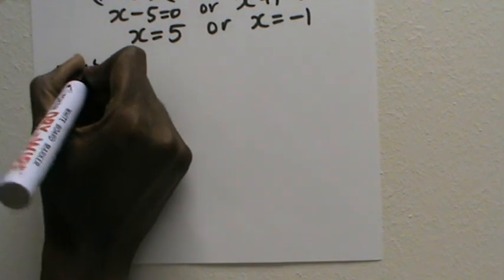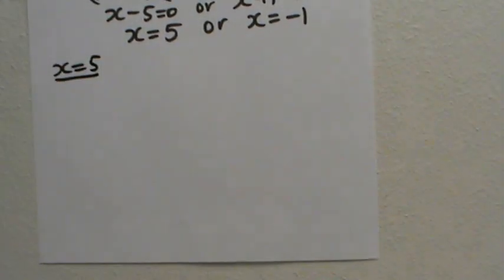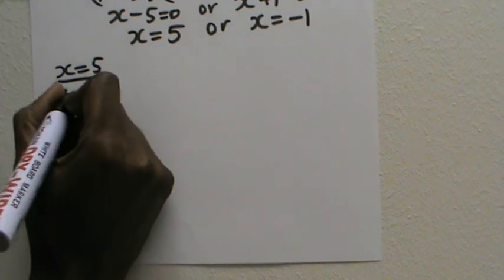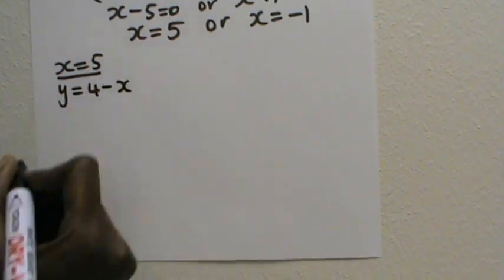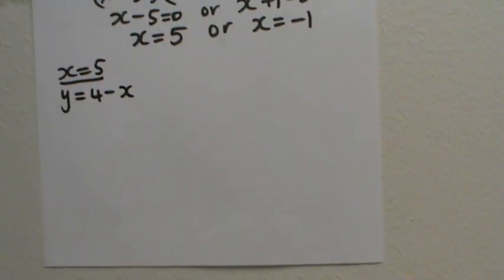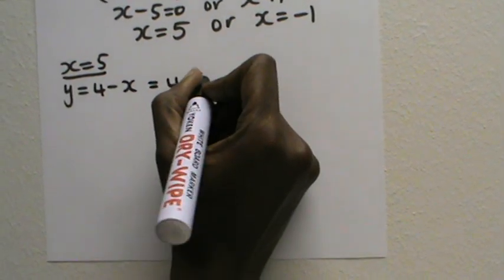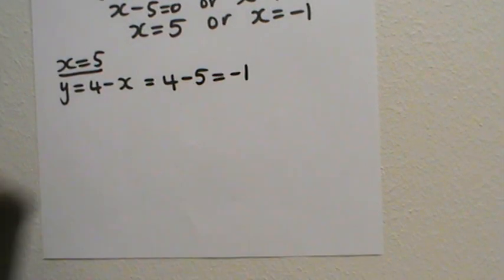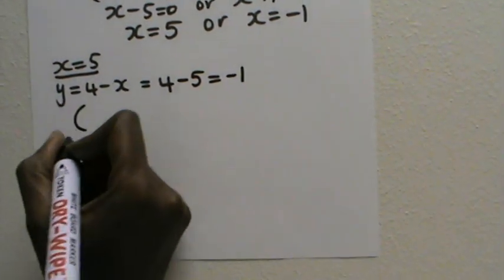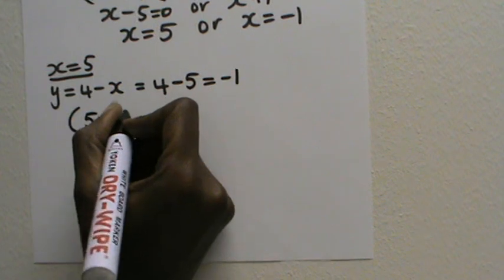When x is equal to 5, remember the equation for y. I have y is equal to 4 minus x. Now instead of x, I'm going to put 5. So this is 4 minus 5. This is equal to -1. So I can write this as a pair. This is 5 and -1.